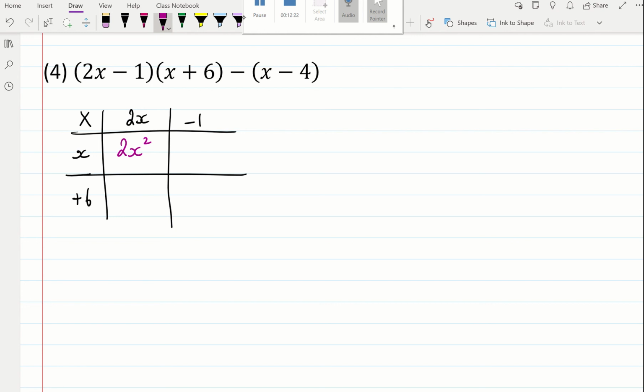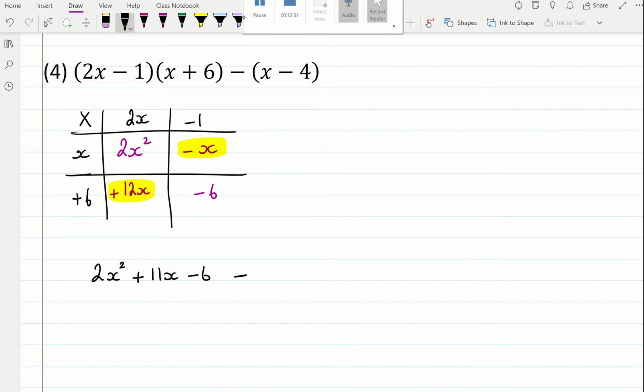Negative 1 times x, negative 1x or negative x. 2x times 6 is plus 12x. Negative 1 times 6 is negative 6. And we're going to collect our like terms. This is a 12 take away 1, so it's an 11x. So final answer, 2x squared plus 11x minus 6.